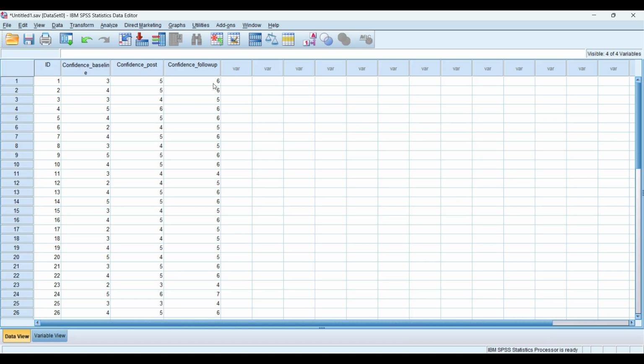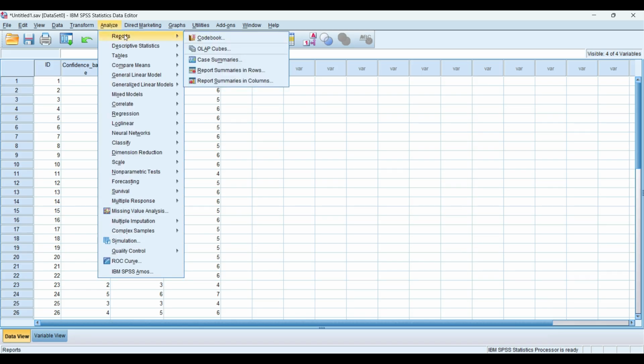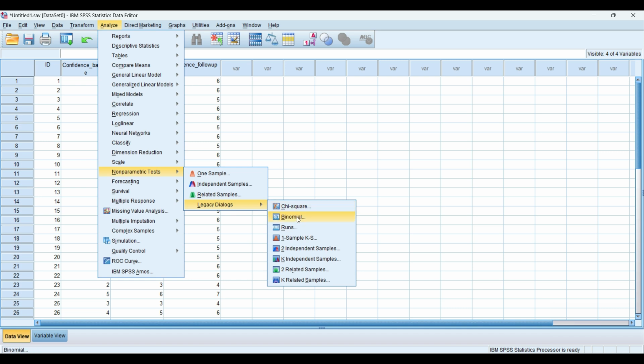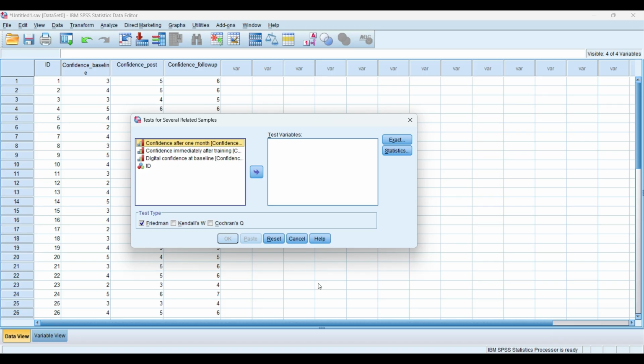Okay, so first of all we do the Friedman test in SPSS. We go to Analyze, then click on Non-parametric Tests, then Legacy Dialogs, and go to K Related Samples. And you will put all the observations sequentially.